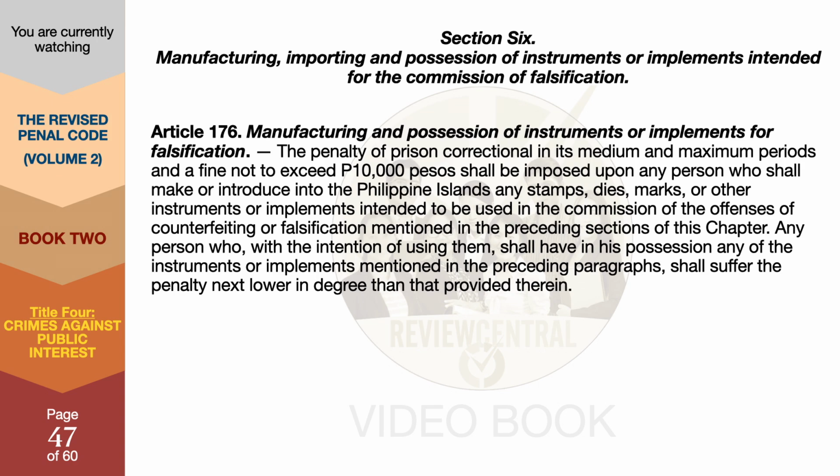The penalty of prisión correccional in its medium and maximum periods and a fine not to exceed 10,000 pesos shall be imposed upon any person who shall make or introduce into the Philippine Islands any stamps, dies, marks, or other instruments or implements intended to be used in the commission of the offenses of counterfeiting or falsification mentioned in the preceding sections of this chapter. Any person who, with the intention of using them, shall have in his possession any of the instruments or implements mentioned in the preceding paragraphs, shall suffer the penalty next lower in degree than that provided therein.